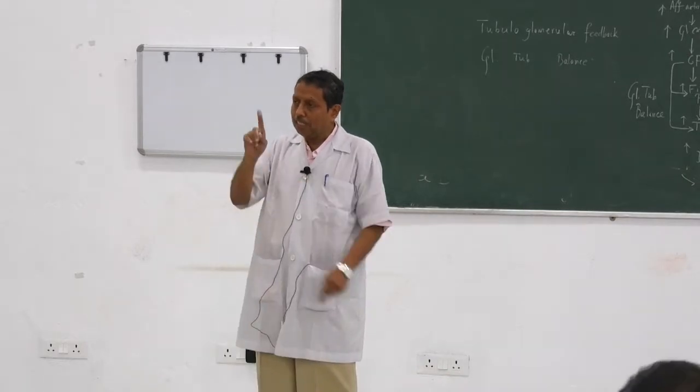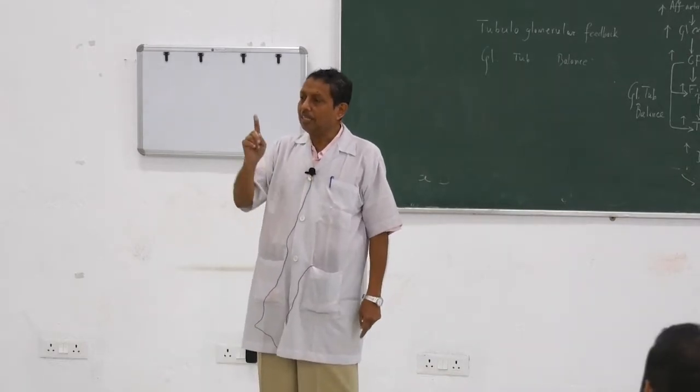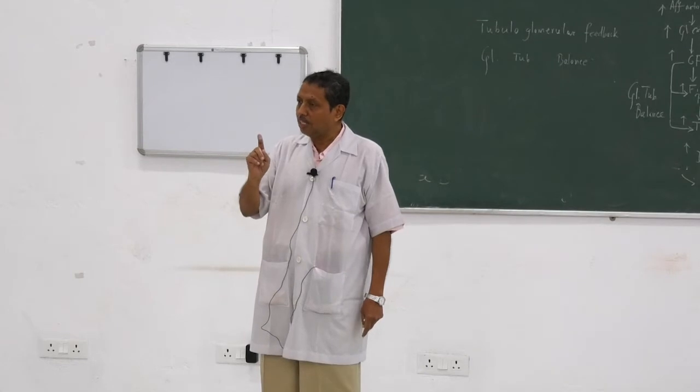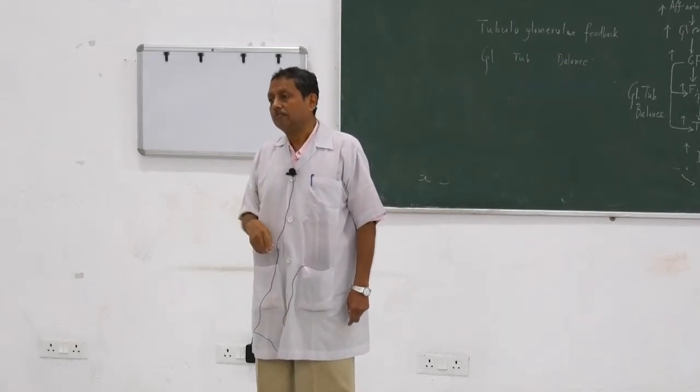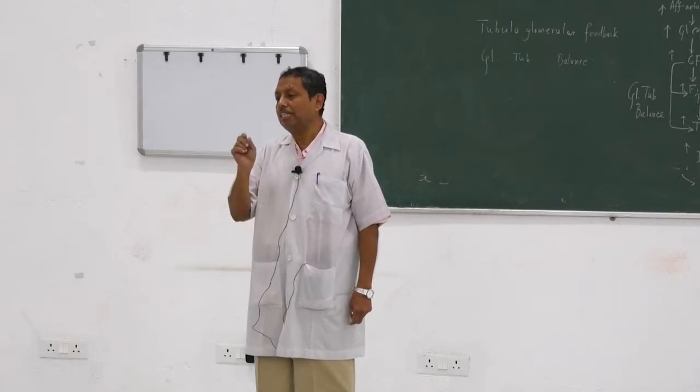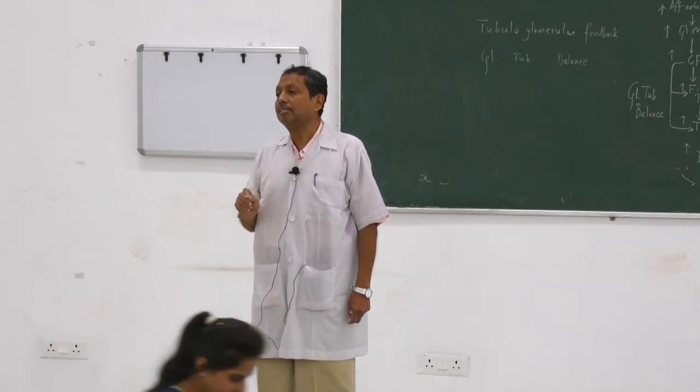Whenever there is an increase in the flow in the thick ascending limb and early part of the distal tubule, there is a corresponding reduction in the GFR, and it is due to the activity of the macula densa cells.